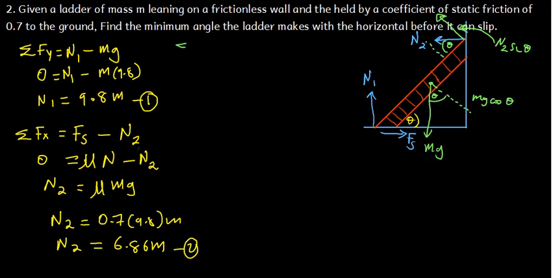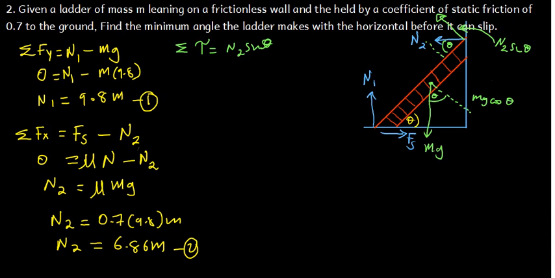So looking at the net torque, the torque in the anti-clockwise direction is N2 sin theta multiplied by the perpendicular distance. The perpendicular distance is the length of the ladder.